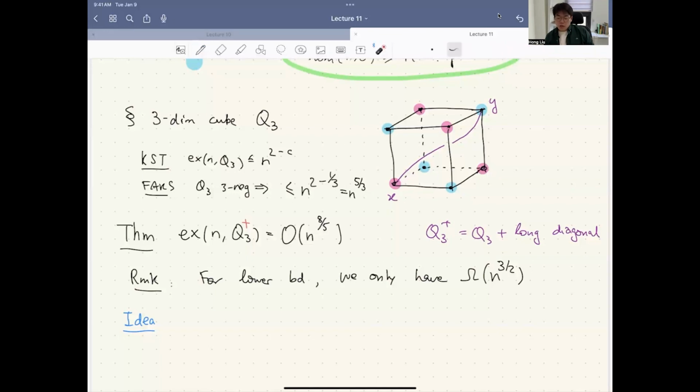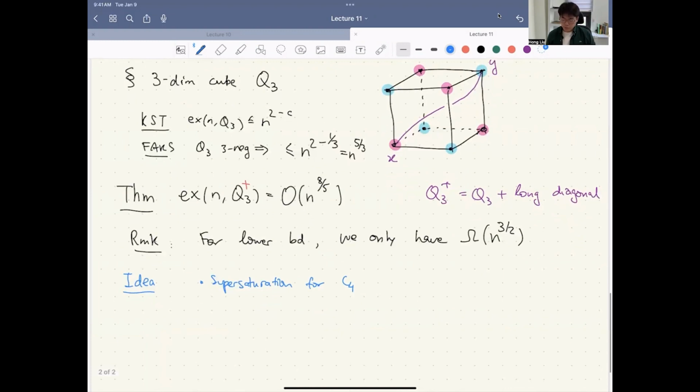So here, the idea is that we're going to use supersaturation for C4. So we have lots of four cycles.